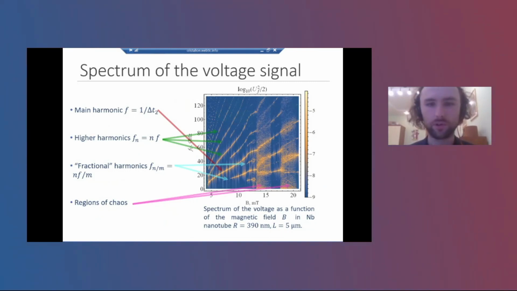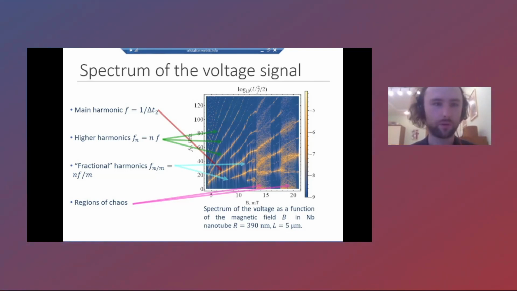An important tool that we use here is the spectrum of the voltage signal, and we calculate it numerically, but however, we can expect that such spectra can be obtained in experiment. And we have several interesting moments here.